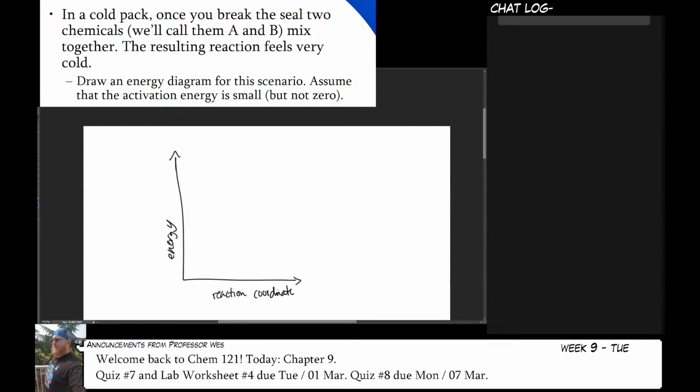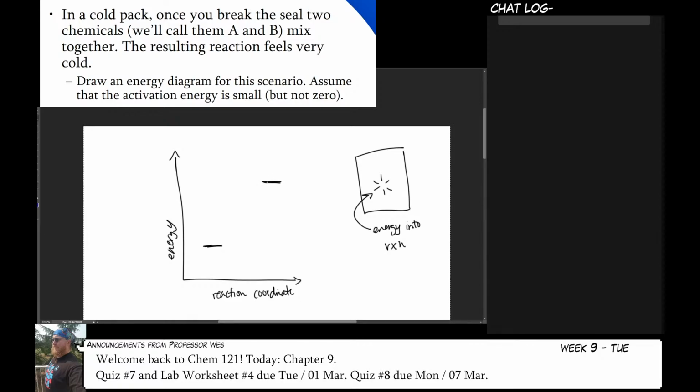All right, so if the reaction is cold, here's my reaction. I'm going to just draw it as this little speck right here. Cold means that energy is going into the reaction, right? So wherever my reaction starts, by the time it's done, it will have more energy, right?